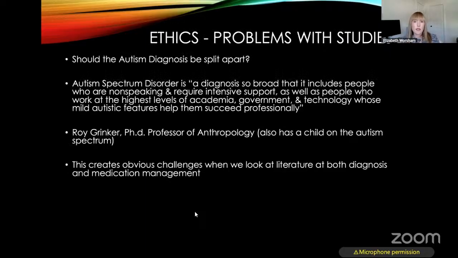So again, diagnosis begets treatment, meaning medication management. And we look to data to guide treatment. There's a problem with studies in this. First of all, just the big diagnosis of autism: should it really be split apart? One of my favorite quotes I heard at a conference was from Roy Grinker, who also has a child on the autism spectrum.